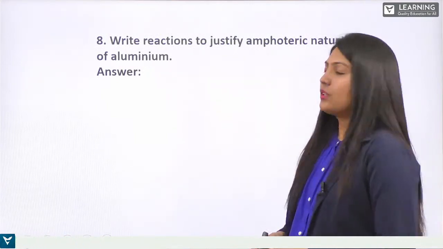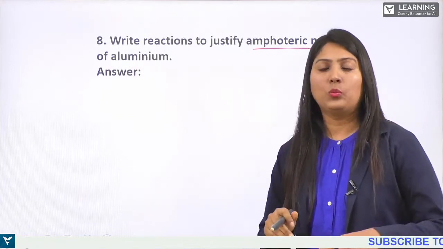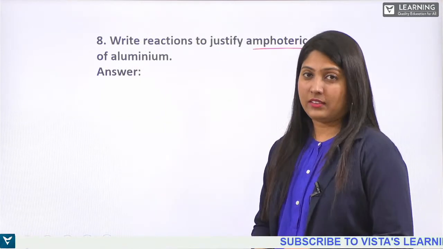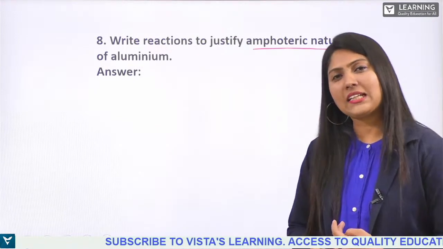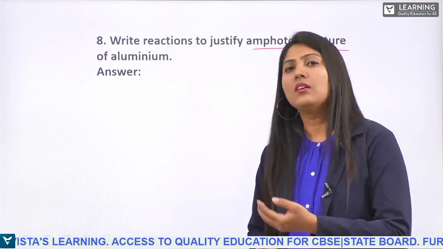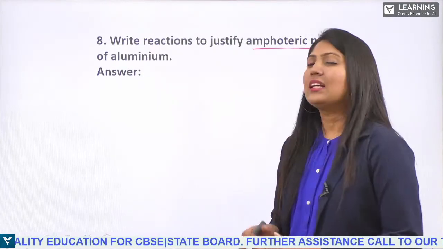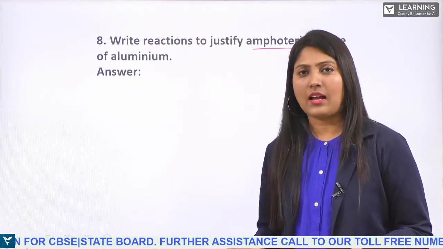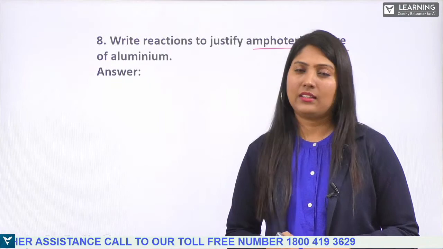Write reactions to justify the amphoteric nature of aluminium. So we have finished boron now, right? Aluminium will act as both acid as well as base when it is reacted with base and acid respectively, right? So it reacts with both acid and base, and so we call it amphoteric in nature.